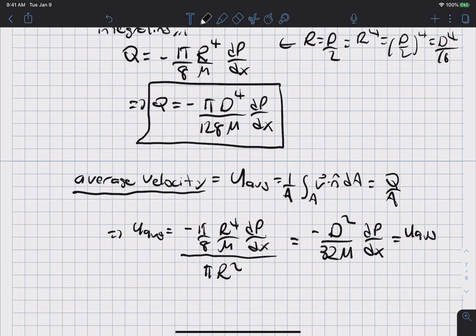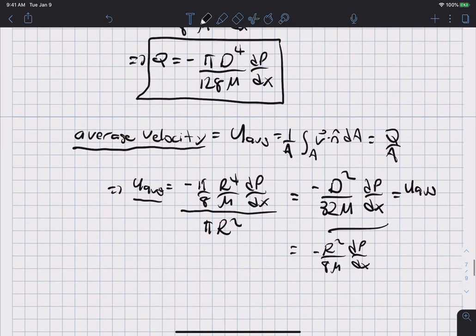There are quite a few algebraic steps between here and here, but again, it's just straightforward algebra. Or this is equal to minus R squared over 8 mu dp dx. So it depends if you want to work on a radius basis or a diameter basis. Okay, and so that's the average velocity in the tube.